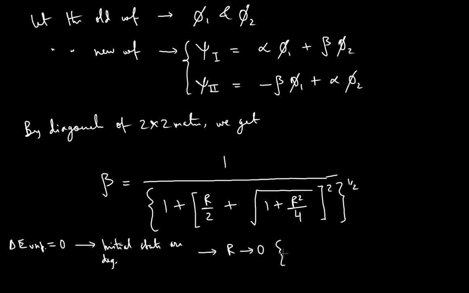Now you get this even if V is small or large. You will get this R tending to 0. And then you will see in this case this beta becomes equal to 1 by root 2 and this becomes equal to alpha.